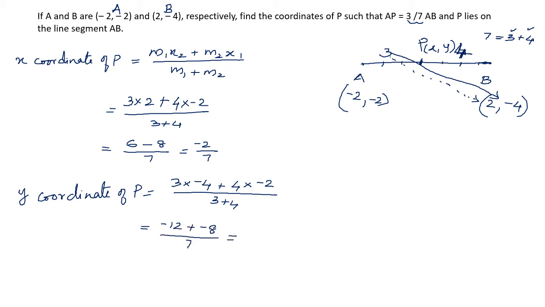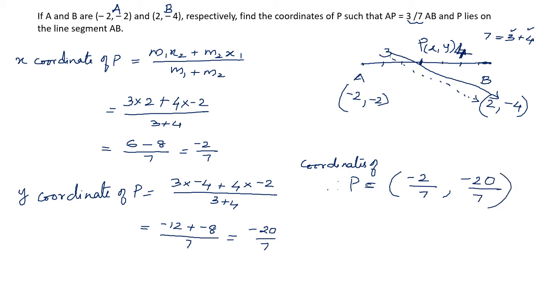What is the answer? Minus 20 by 7. Therefore, the coordinates of P are minus 2 by 7, comma, minus 20 by 7. Is it clear?